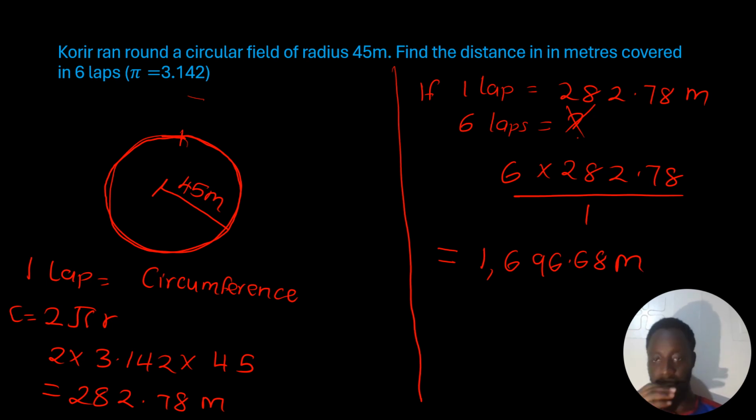So this is the distance Korir covered in 6 laps in the circular field. Okay. Yes, let's move to another example.